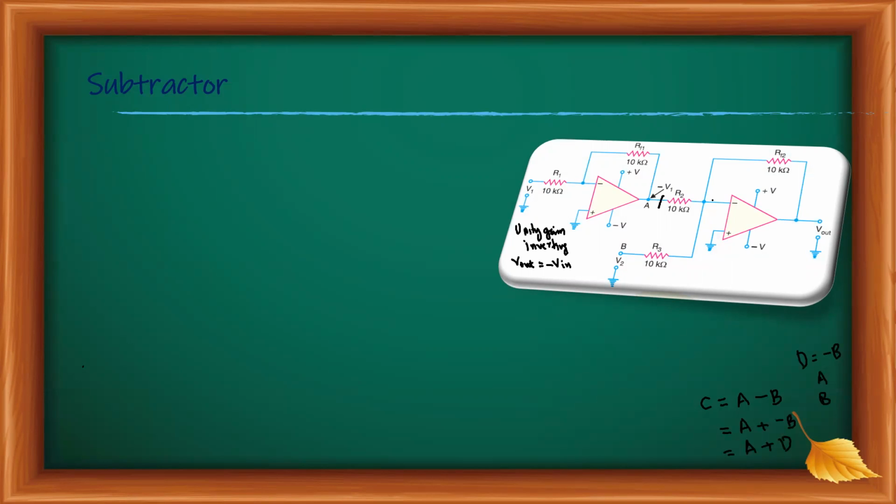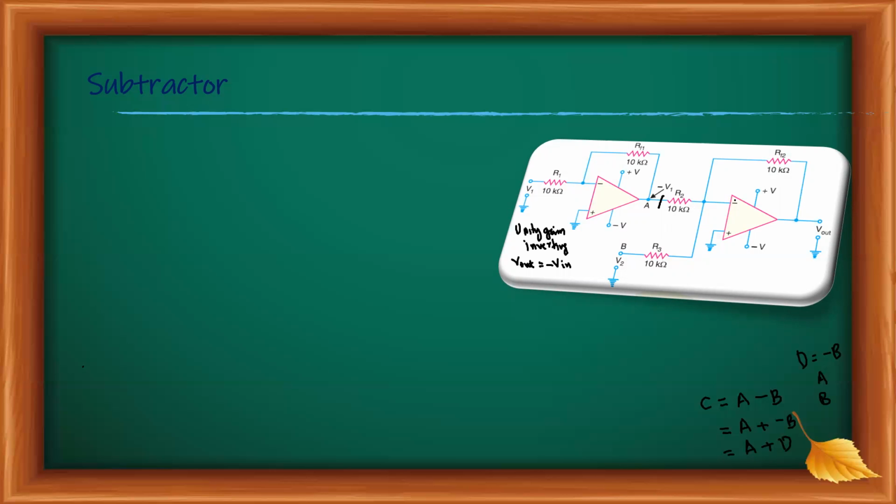So it is a summing amplifier. One of the inputs of the summing amplifier is V2 and the other is minus V1. Here R2 is equal to R3, equal to RF.